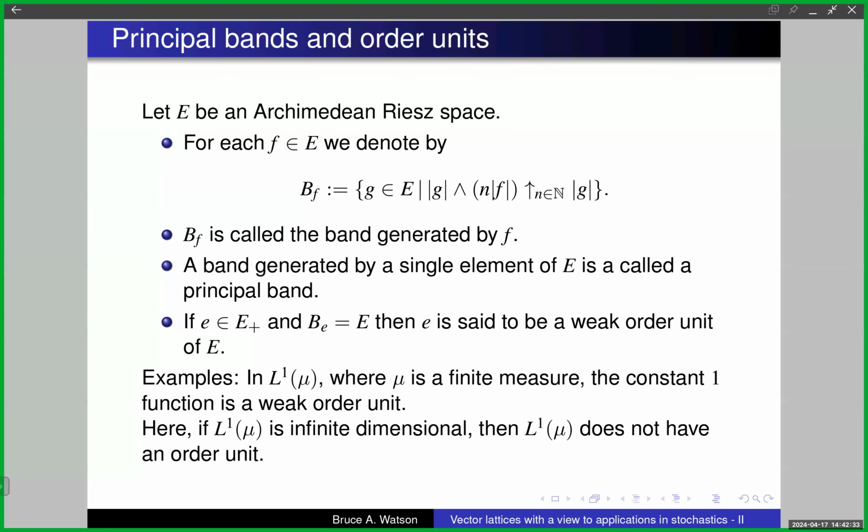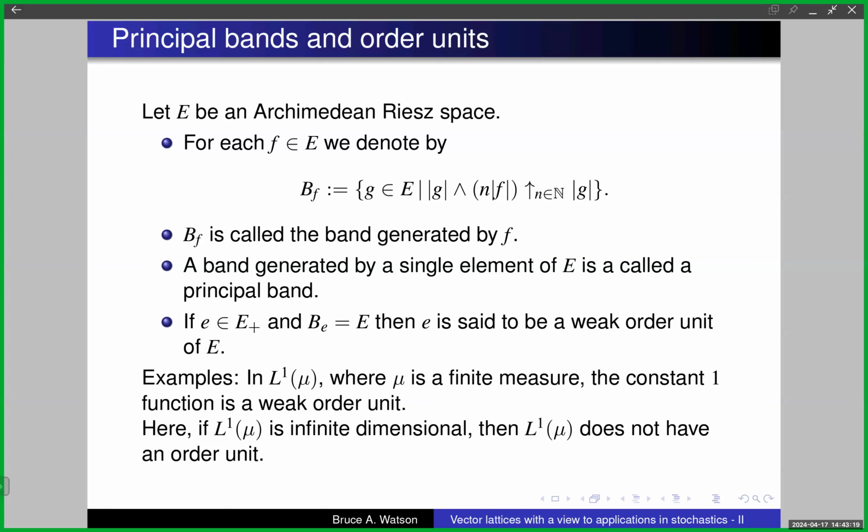So we take E an Archimedean Riesz space, and we take F an element of E, and the band generated by F is exactly composed of those elements G of E so that the absolute value of G, infimum n times the absolute value of F, that sequence, has supremum and limit the absolute value of G. And in this case, B_F is called the band generated by F, and a band generated by a single element is called a principal band.